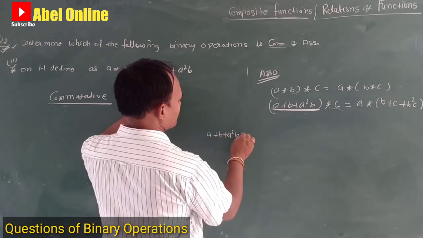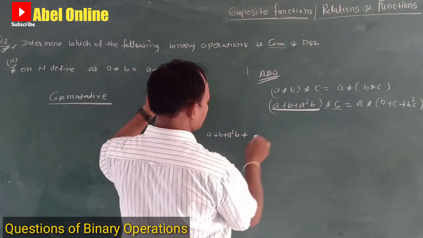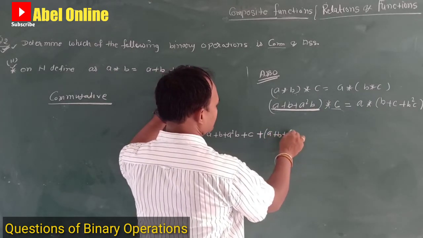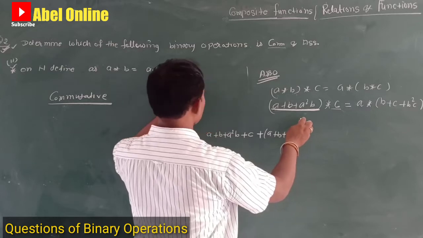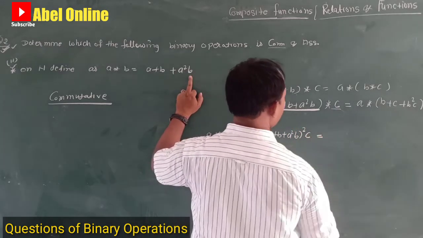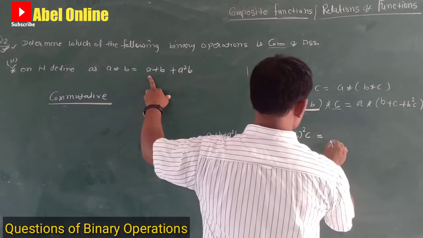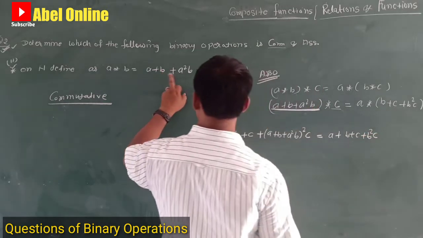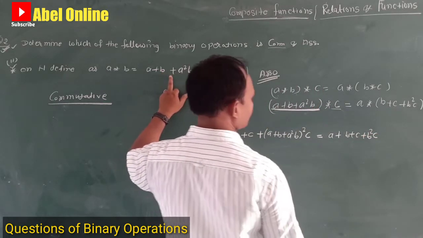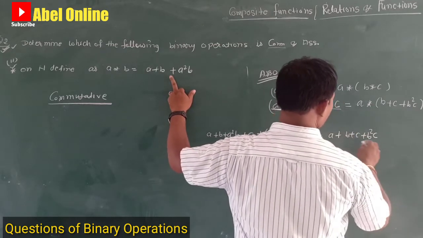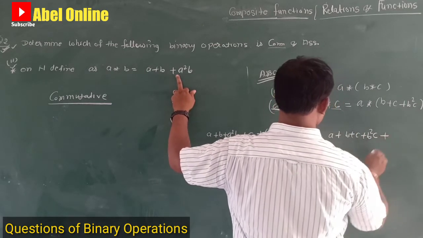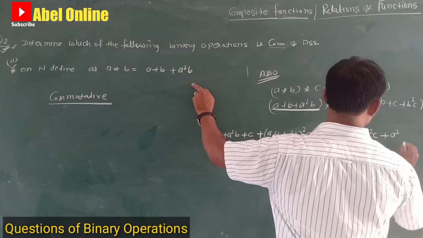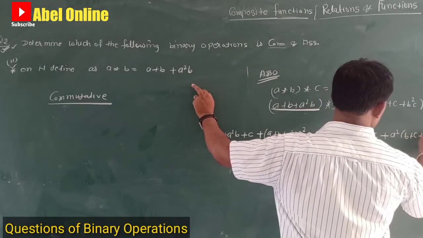This is the value of a plus b star c, this is c plus a square means a plus b plus a square b whole square, and the value of b star c means b plus c plus b square c, plus a square, and the value of b means b plus c plus b square c.